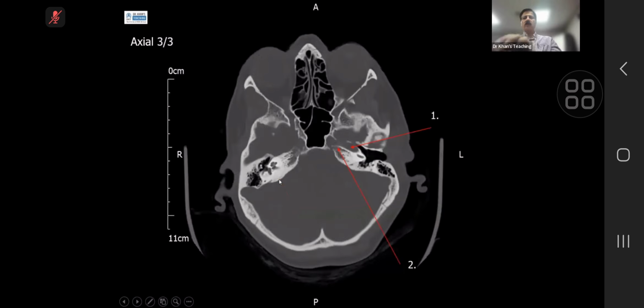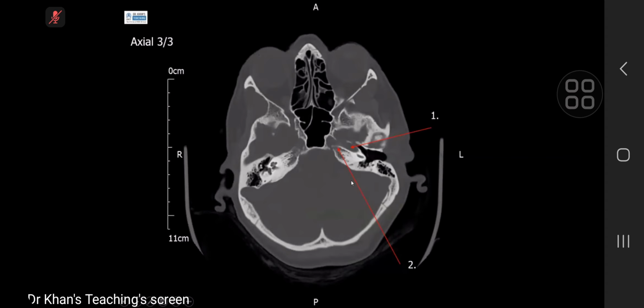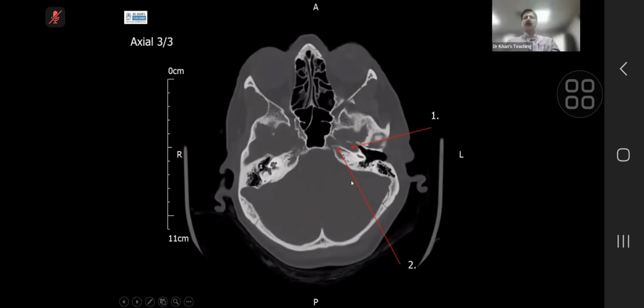Now, candidate one. What is this? It's a bit harsh because there is a bit of partial voluming, but there is a canal here. So what is this?